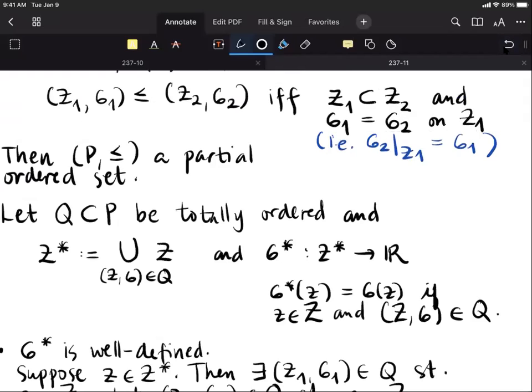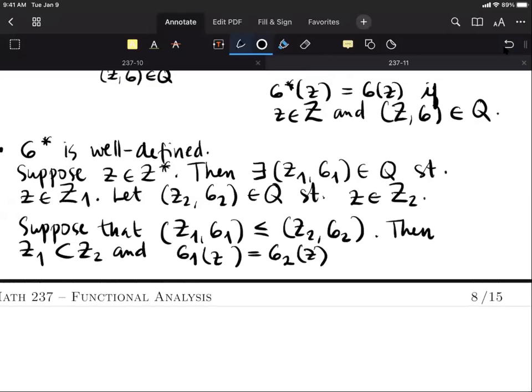So the first must be a subset of the other, and G1 is the restriction of G2 in Z1. Since z is in Z1, then you have that.